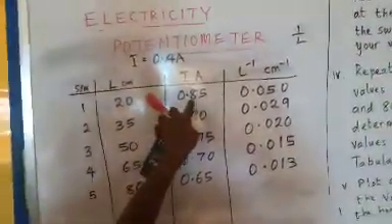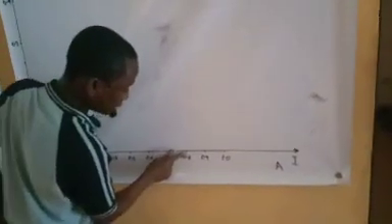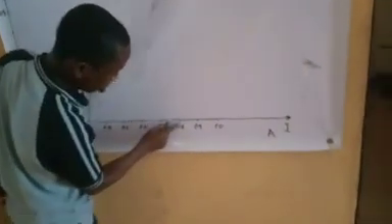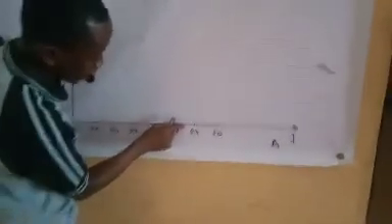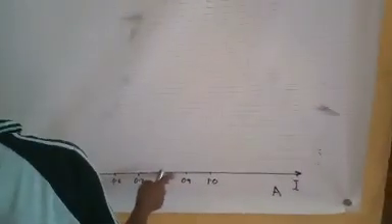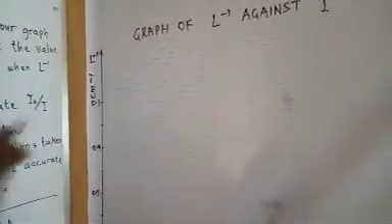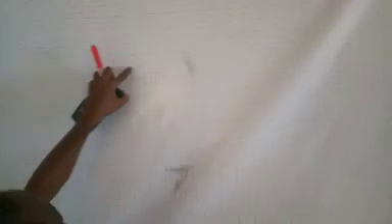Let us take 0.85. This is 0.8, 0.9, 0.85. And this is where my 0.85 is. Then 0.5 here on the vertical. Now trace it. You have to be very careful.